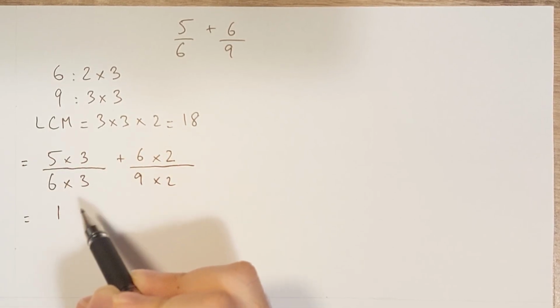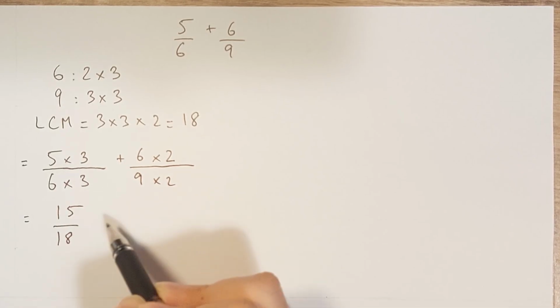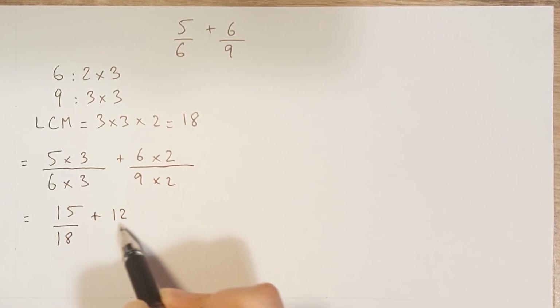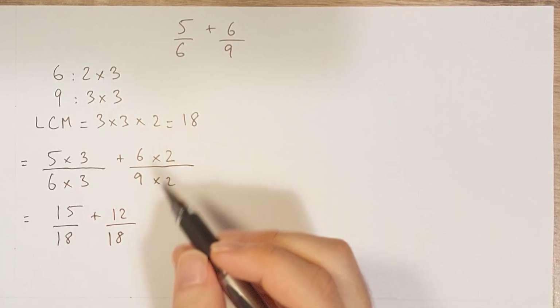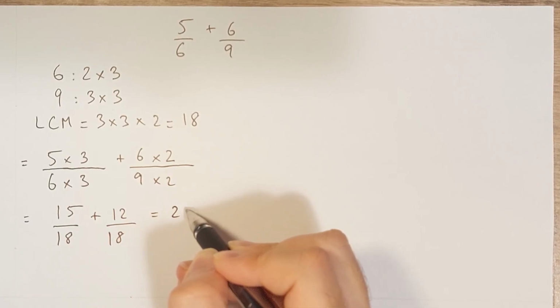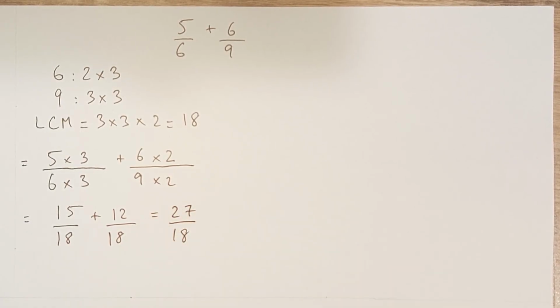This gives us 15 by 18 plus 12 by 18. And we get 27 by 18 when we add the numerators.